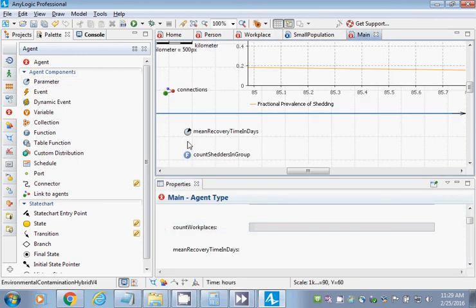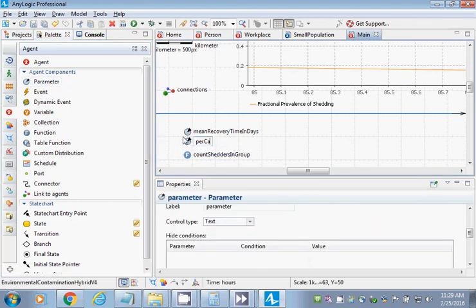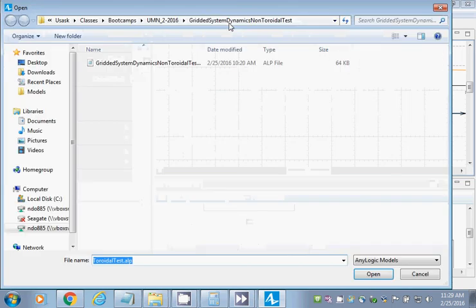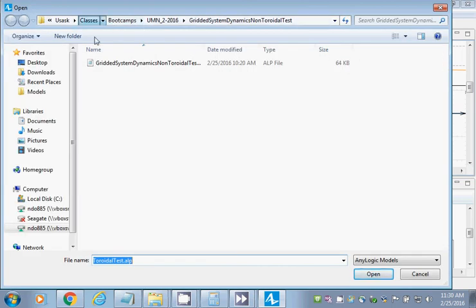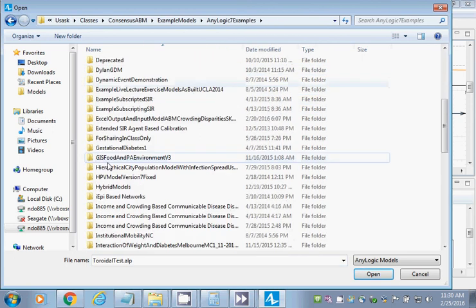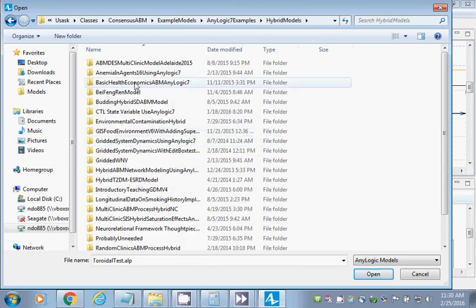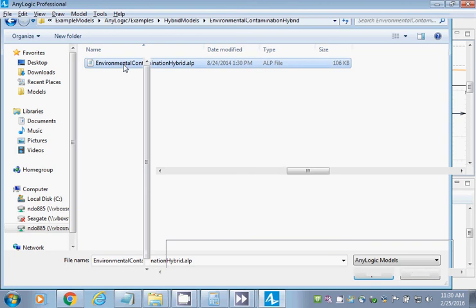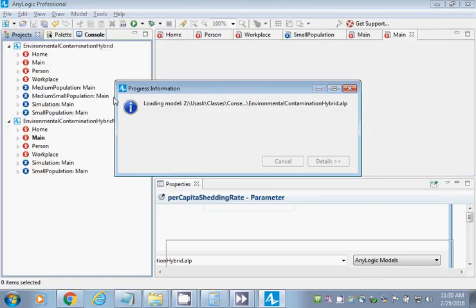Okay, so this is environmental contamination hybrid. Here we go. I am going to open up main, and let's go look. Mean pathogen lifetime was set to 3 days there, and then we need to look at workplace. I think per capita shedding rate was 1.0. Okay, great. Now I can close this.